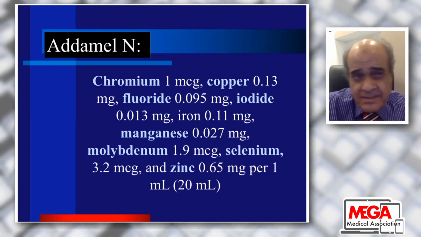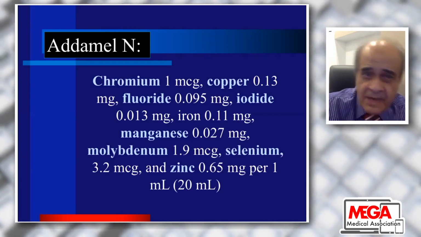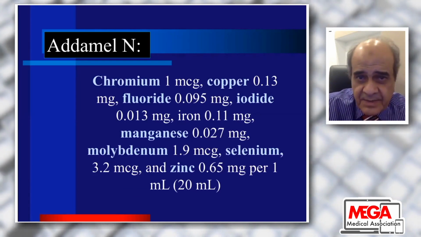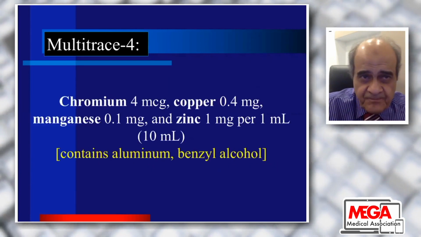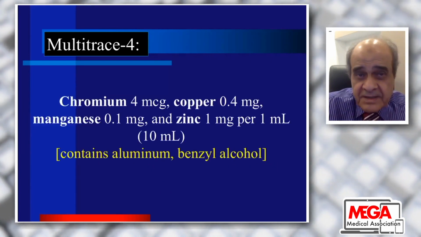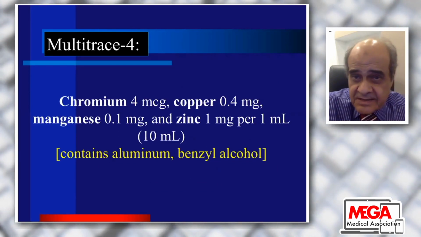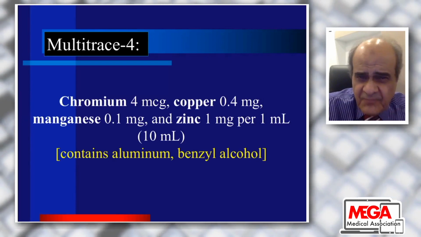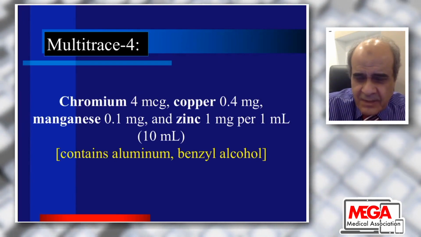Adamel N, for example, may contain chromium, copper, fluoride, iodide, manganese, selenium, molybdenum, zinc, and so on. Multitrace 4 may contain chromium, copper, manganese, and zinc, and contains aluminum in very small amounts, and benzyl alcohol, or maybe aluminum as a contaminant.